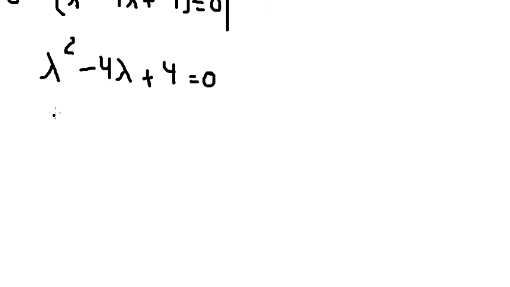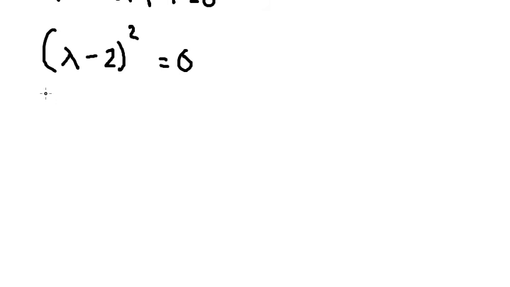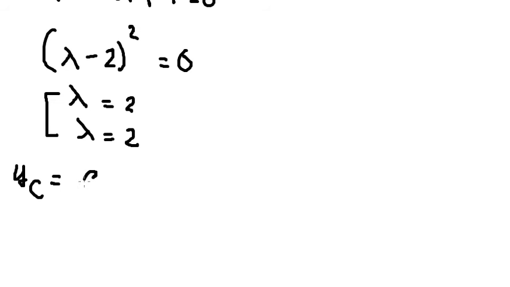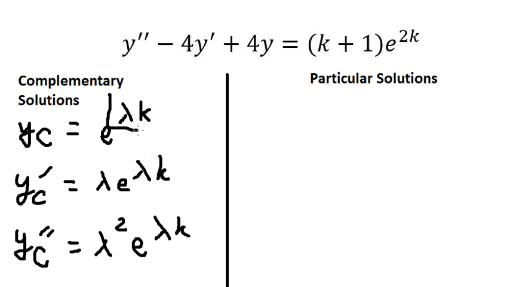This one is about identities. So we have two solutions: lambda equals 2, lambda equals 2. So we have yc equals c1 e to the power of 2k.